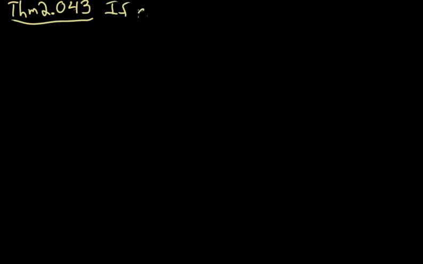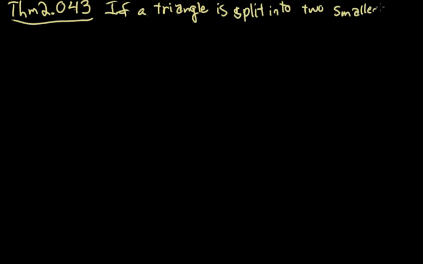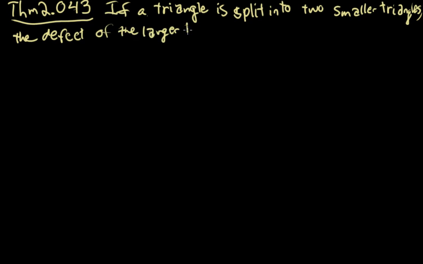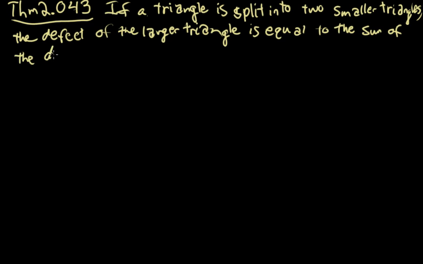It says that if a triangle is split into two smaller triangles, the defect of the larger triangle is equal to the sum of the defects of the two smaller triangles.